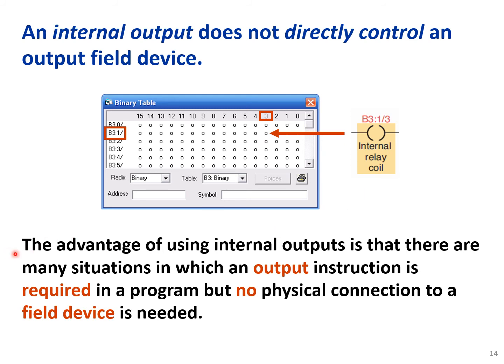The advantage of using internal outputs is that there are many situations in which an output instruction is required in a program, but no physical connection to a field device is needed. So it helps us in programming, specifically for ladder logic programming. It helps us to enhance, to improve, and to bring our programming to the next level.